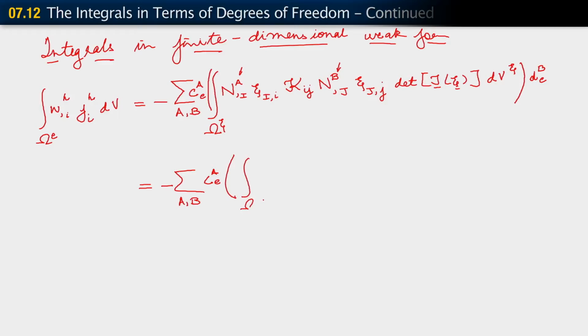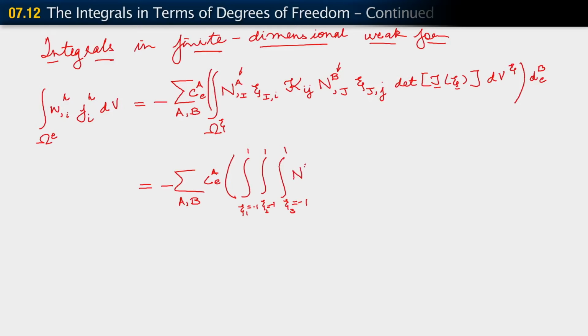Sorry, the integral over omega xi is the one thing that I wanted to write differently. So this is now a triple integral, where xi_1 equals -1 to 1, xi_2 equals -1 to 1, and xi_3 also equals -1 to 1.